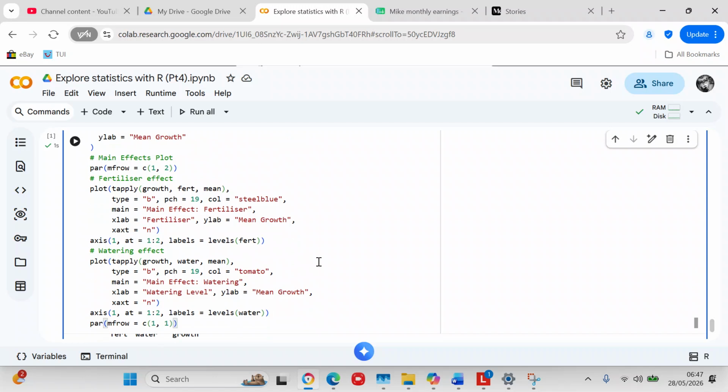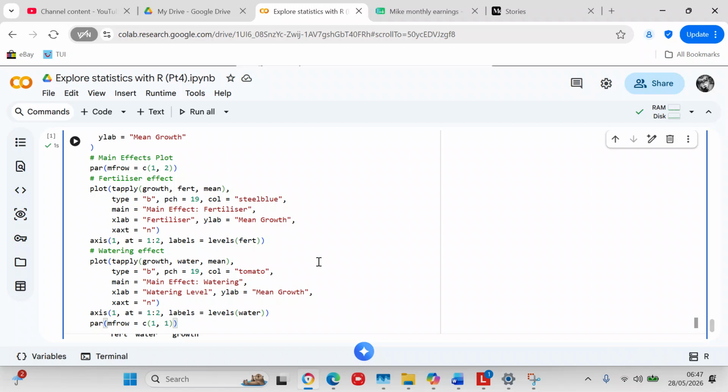Color equals steel blue. Main is the title on the chart, main effect fertilizer. X lab is the label on the x-axis, being fertilizer. Y lab is the label on the y-axis, which is mean growth. And xaxt is n. And then we've got axis 1, at equals 1 to 2, labels equals levels fert.